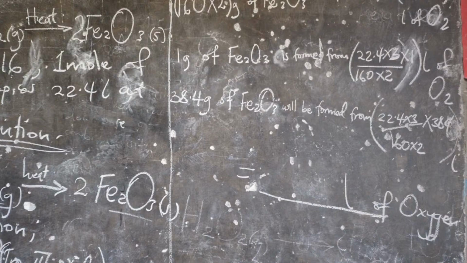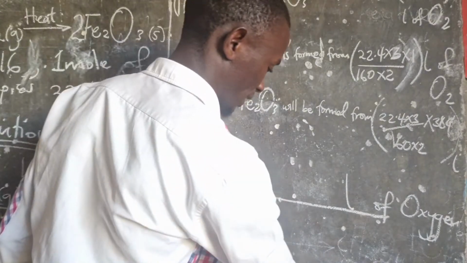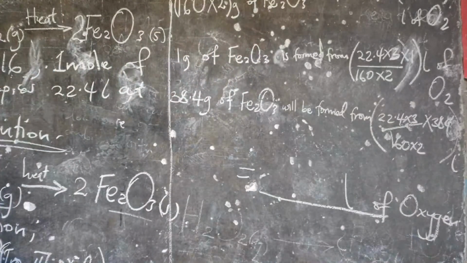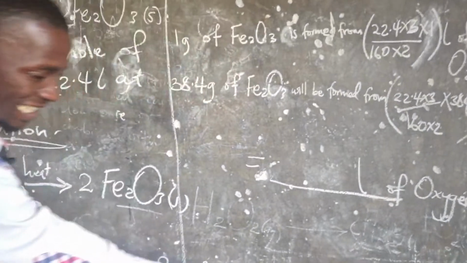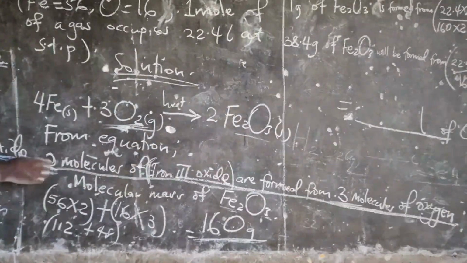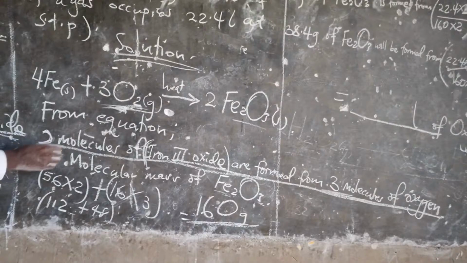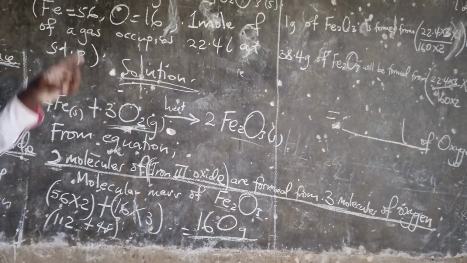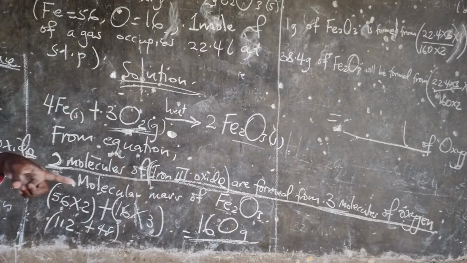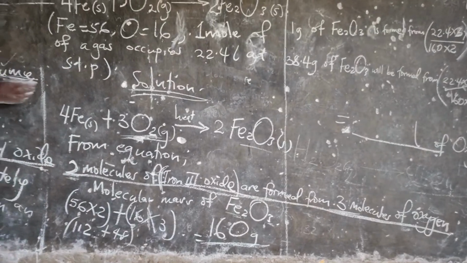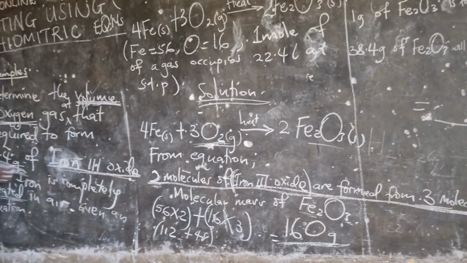So I've been saying that this introductory statement relating the number of molecules of reactants with products from the equation is very crucial in stoichiometric calculations. Know what they are asking for and look at what they are given.